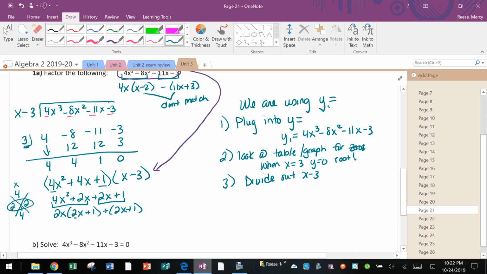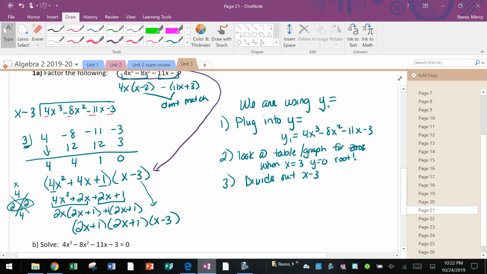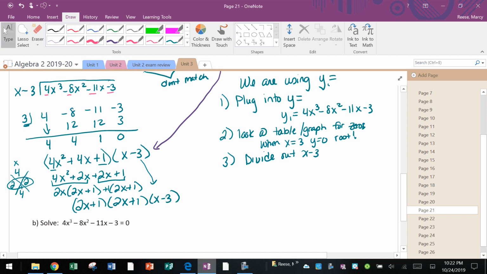Okay, so I take out the GCFs and I get a 2x plus 1, and my 2x plus 1 is the inside. And then don't forget, you got to bring this down. And so that becomes my factor.